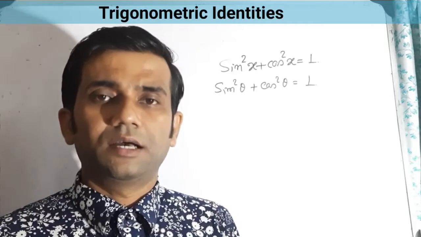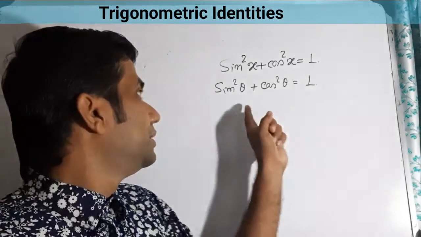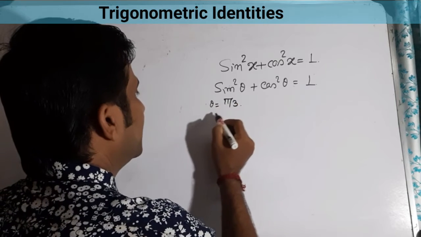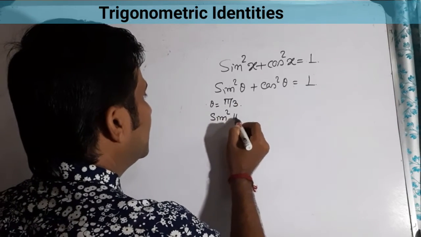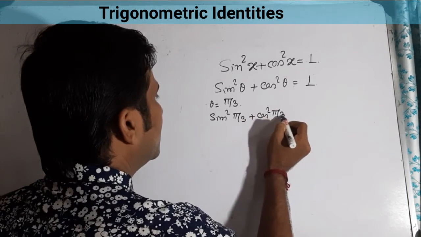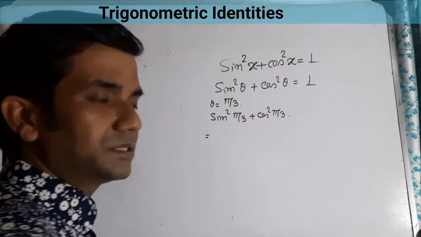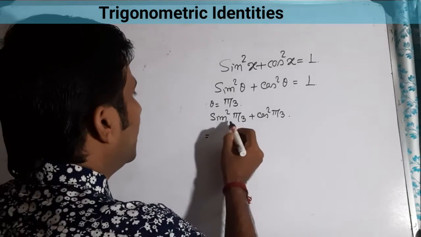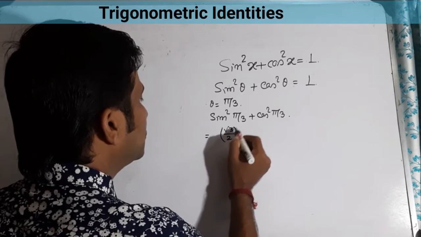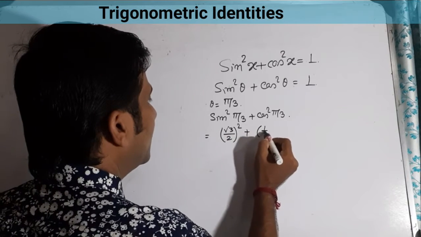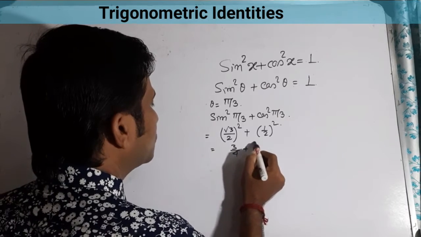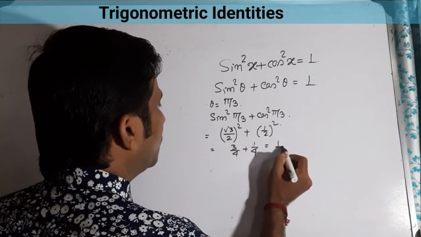values of theta. That means if theta is equal to pi by 3, then sin square pi by 3 plus cos square pi by 3, sin pi by 3 means root 3 by 2, its square, and half square, then 3 by 4 plus 1 by 4 is equal to 1.